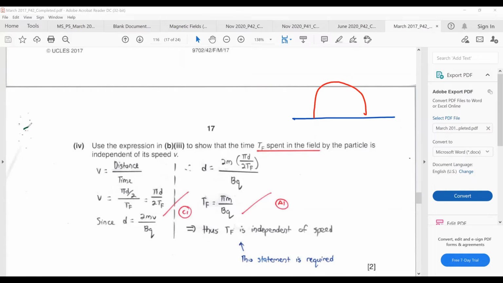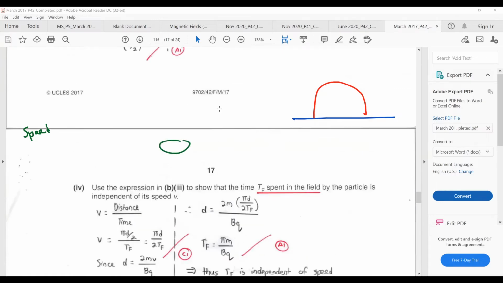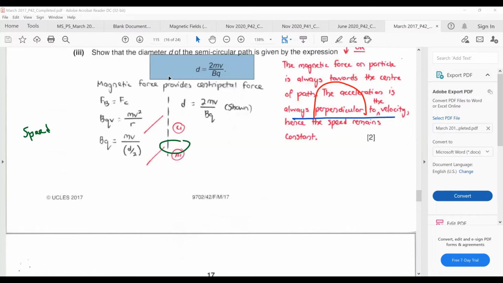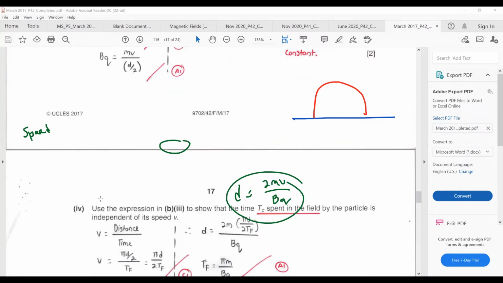You can just think of it as this. They want you to use your expression in B3, which is d equals 2mv over BQ.